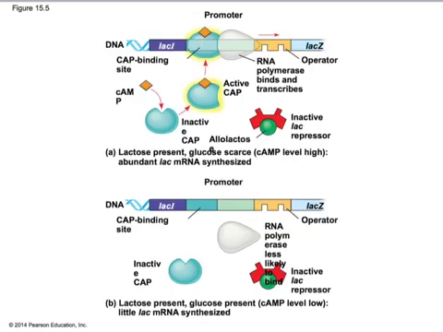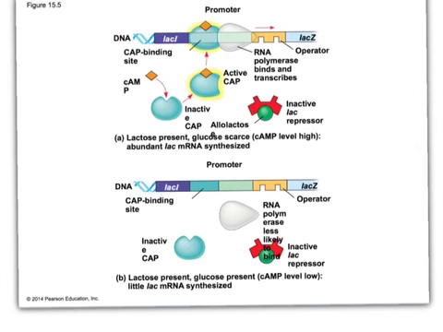The other end, lactose is present, glucose is present. Both of them are there, but only a little bit of lactose mRNA is synthesized, because that positive gene regulation portion isn't present. Questions on positive and negative gene regulation and the lac operon?